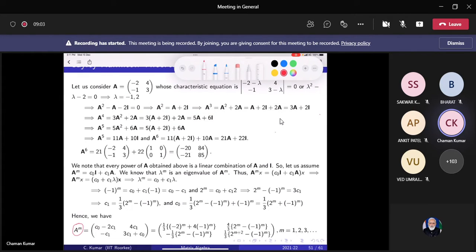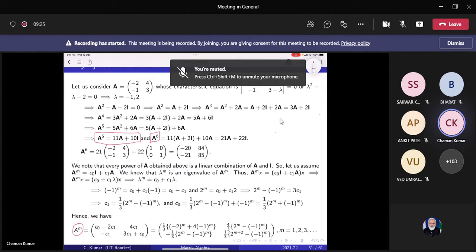And then you can multiply this equation by A both the sides. So you get 6A square after simplification. You get A raised to 6.